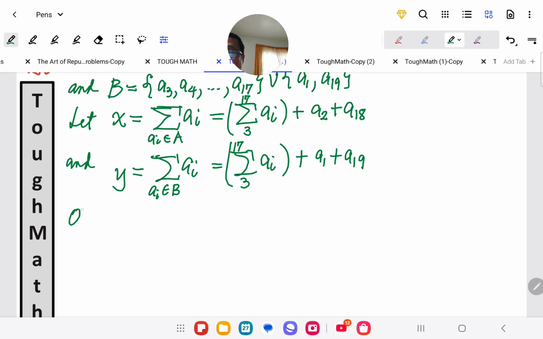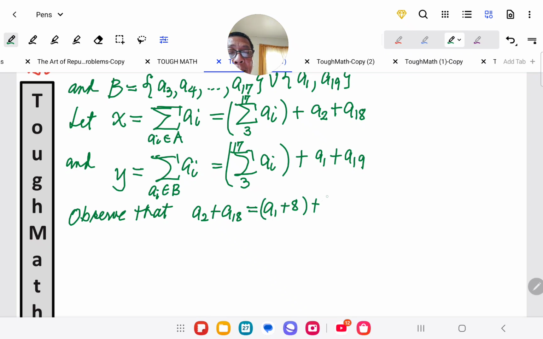Now, observe that A sub 2 plus A sub 18 is equal to A sub 1 plus 8, while A sub 18 is A sub 1 plus 8 times 17.